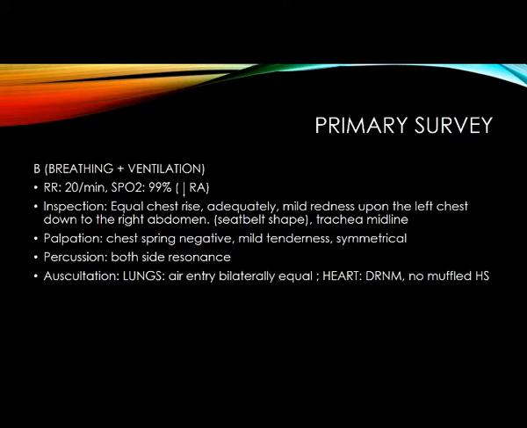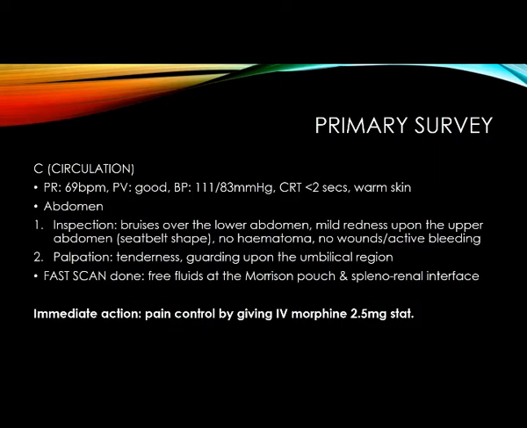There is a seatbelt shape noted on the patient. However, the trachea was midline, no deviation. Palpation: chest spring test negative, mild tenderness and symmetrical. Percussion was done as well, both sides resonant. On auscultation, air entry was bilaterally equal. Heart sounds dual rhythm, no murmur, no added sounds.